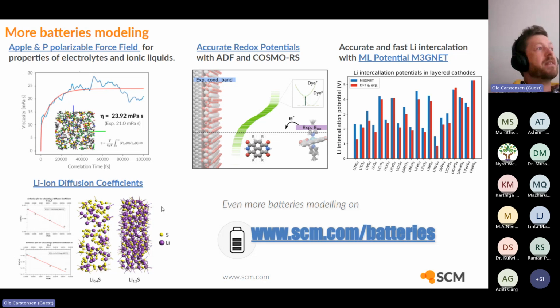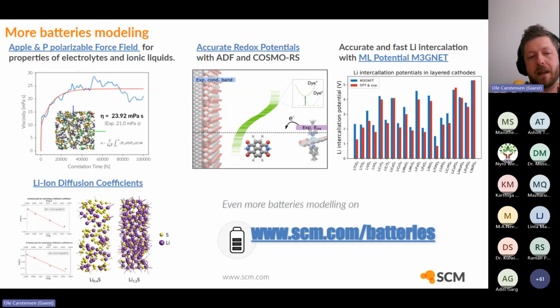As one example of trajectory results and trajectory analysis, I put lithium-ion diffusion coefficients here at the bottom. We have a lot of functionality for automatic trajectory analysis, that is, to extract results from your trajectories. Diffusion coefficients are just one example, I think probably most relevant to battery modeling.